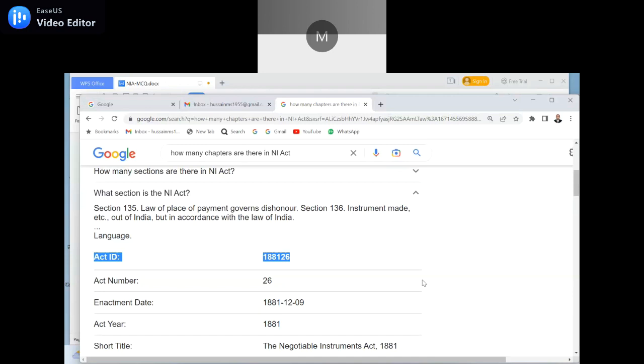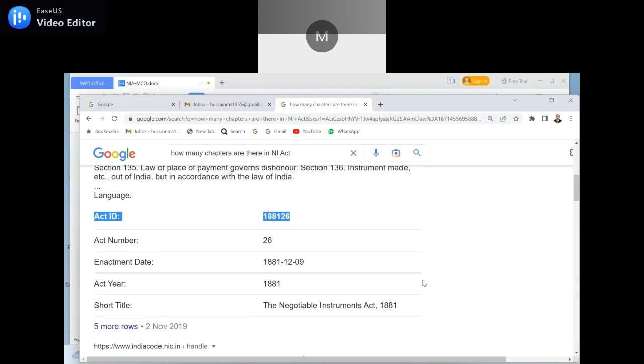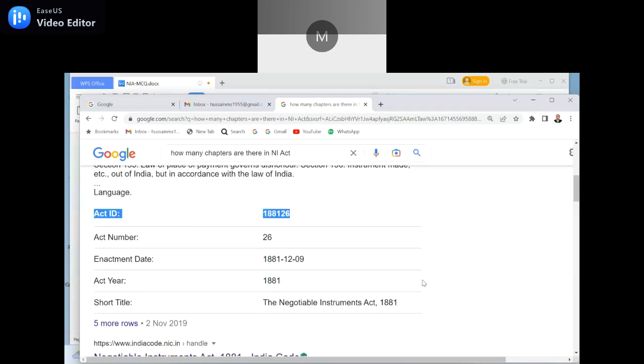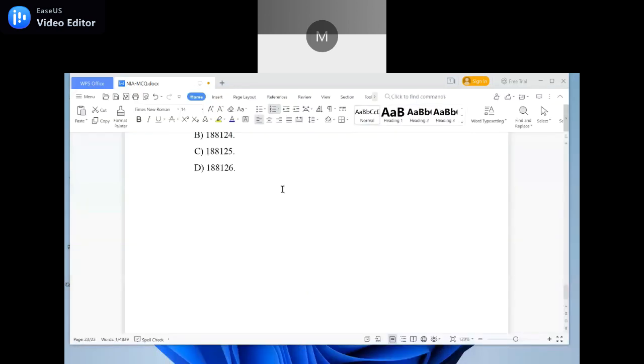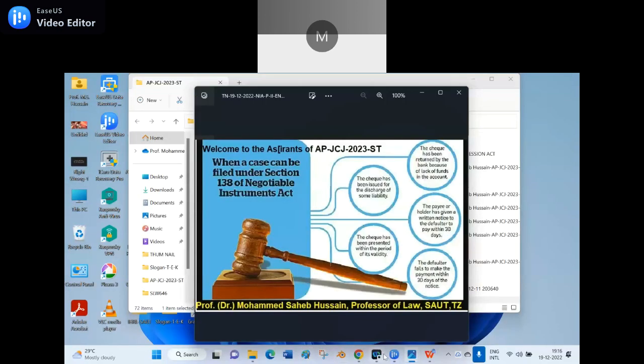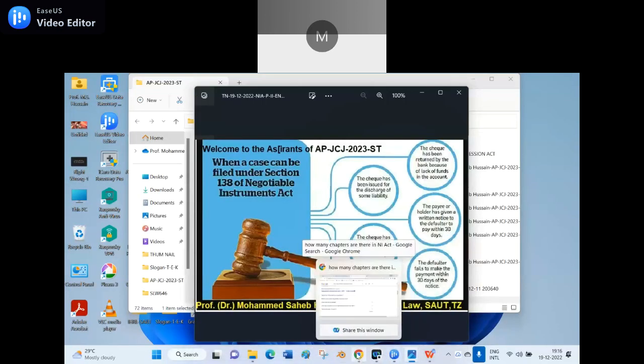Act ID is 1881-26, Act number is 26, enactment date is 12th December 1881, Act year is 1881, and the short title is Negotiable Instruments Act 1881. So these are the details of the Act. Is it clear? Yes, sir.